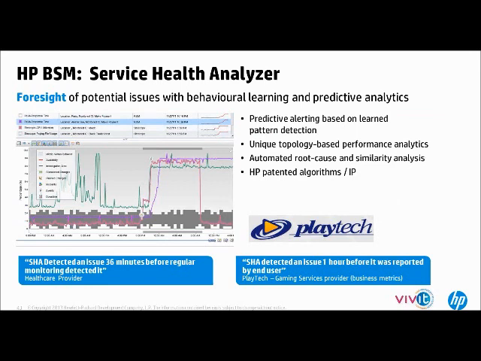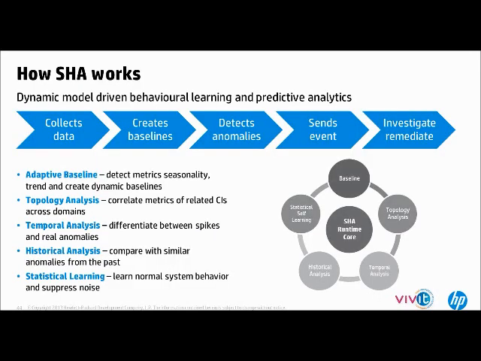And once the metric crosses the baseline, we will be able to create an anomaly based on an HP algorithm, which can at times detect an issue an hour before it actually occurs.